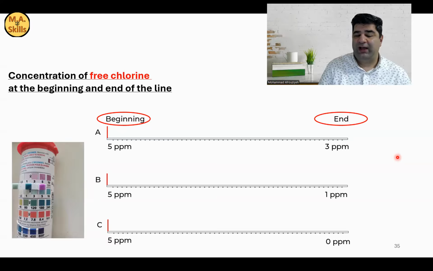So, to answer this question, try to have a deeper look at chlorine chemistry and what we discussed just over the last few slides.